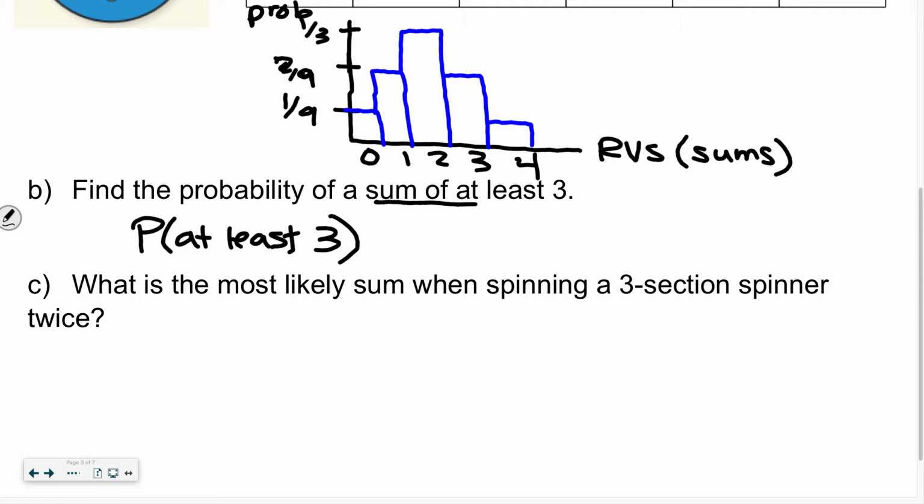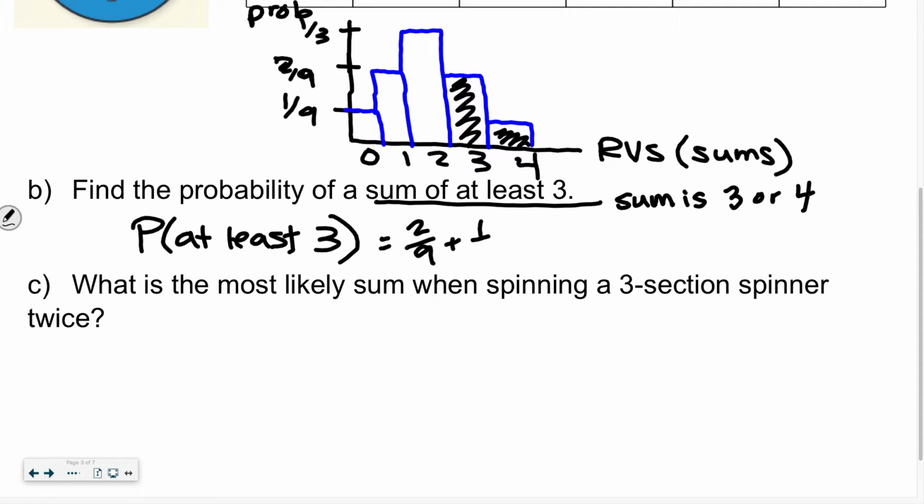So to have a sum of at least 3 means my sum is 3 or 4. Keyword or, so I should do what with those two probabilities? Add them. So this one was 2/9, this one was 1/9. That's 3/9 or 1/3. You could use your chart or your histogram to do that.